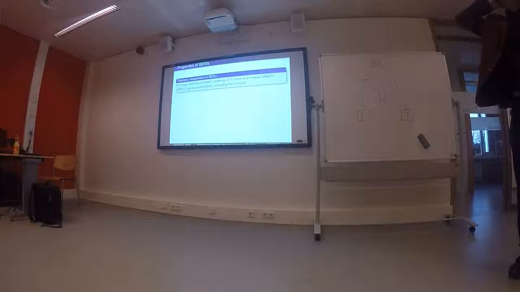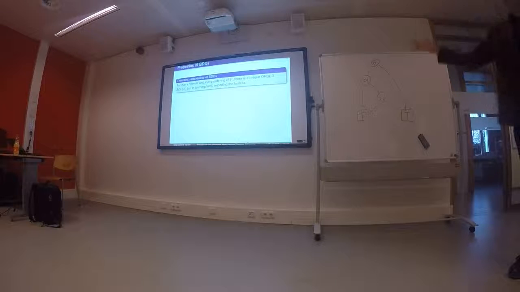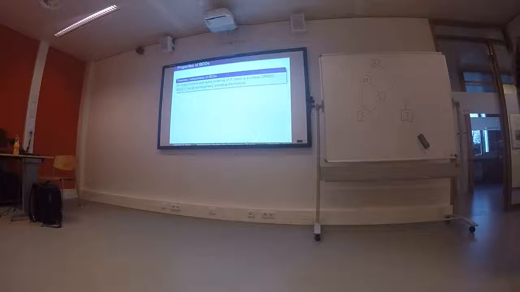So, what does that mean? Suppose I have two formulas and I want to establish whether they are logically equivalent. I claim I can use binary decision diagrams to show that. Do you see that? Because of this property.